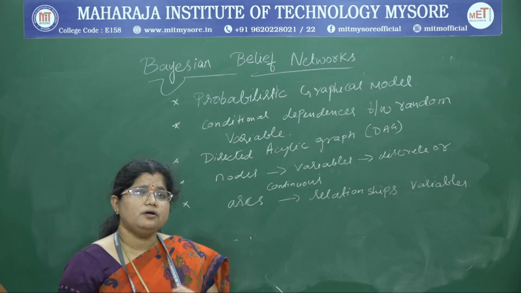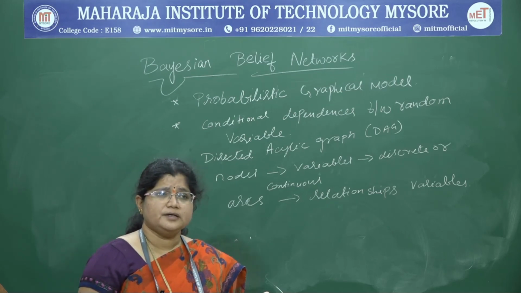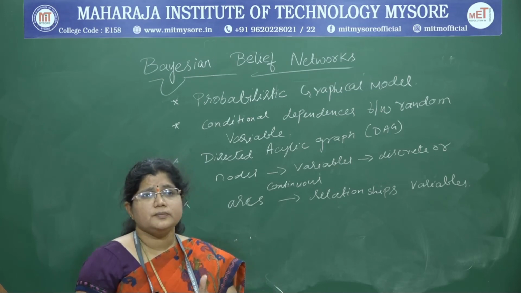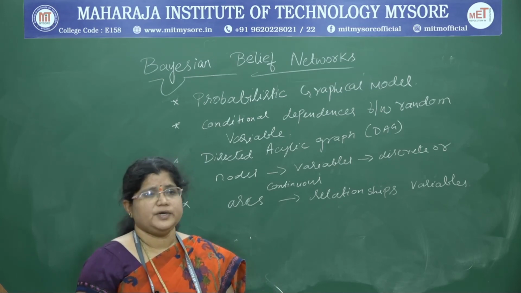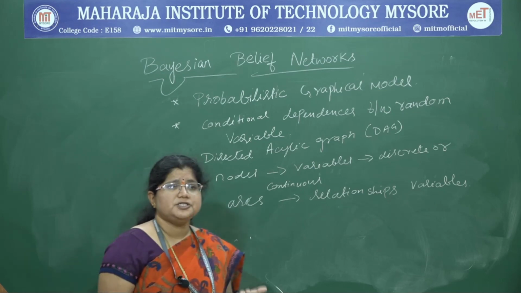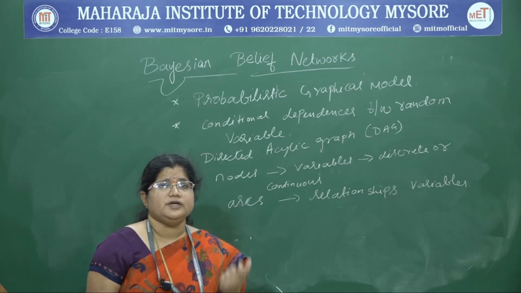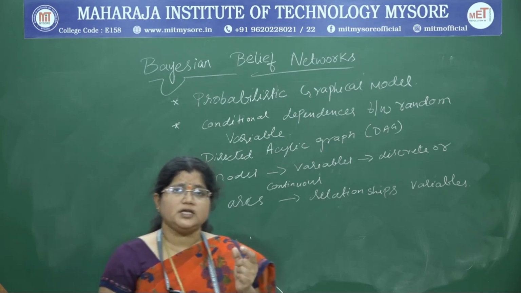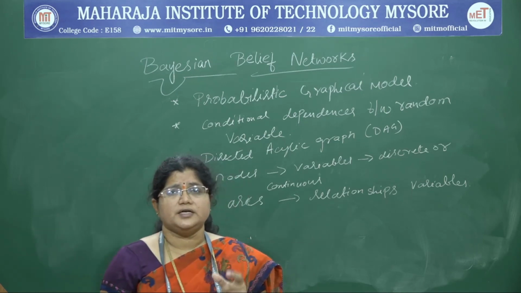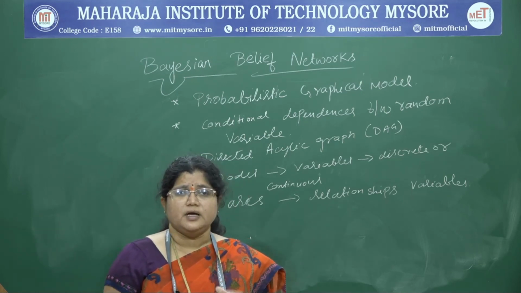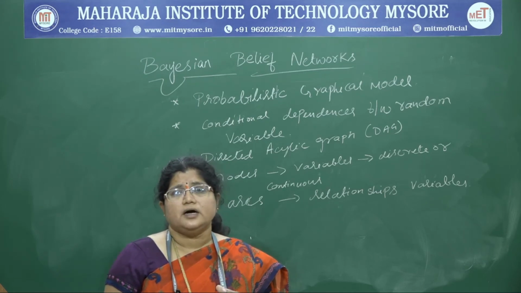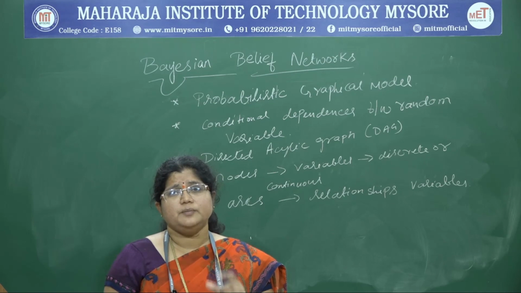That is, the descendant is not going to depend on anything but its immediate predecessor. In a network, for each node there will be a conditional probability table, which represents that particular node variable.